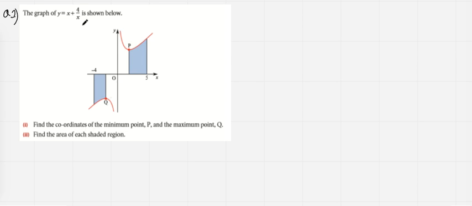You know what minimum points are: the points situated in the valley, and maximum points are those at the peak of the hill, or in other words, the trough and the crest of the graphical pulse. So how are we going to find the x coordinate and y coordinate of points P and Q?